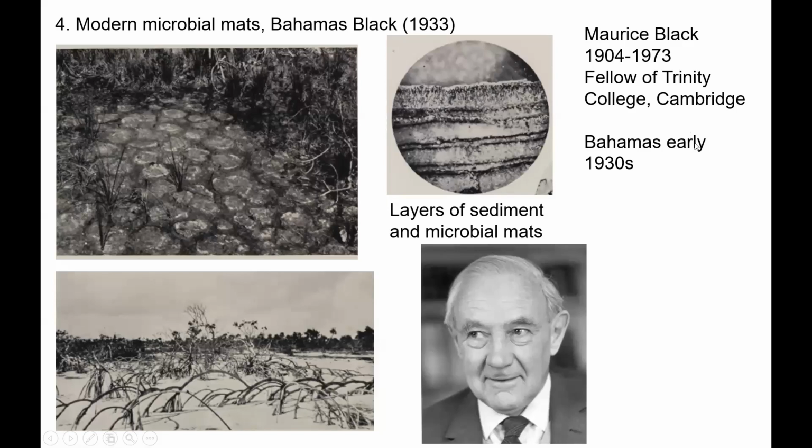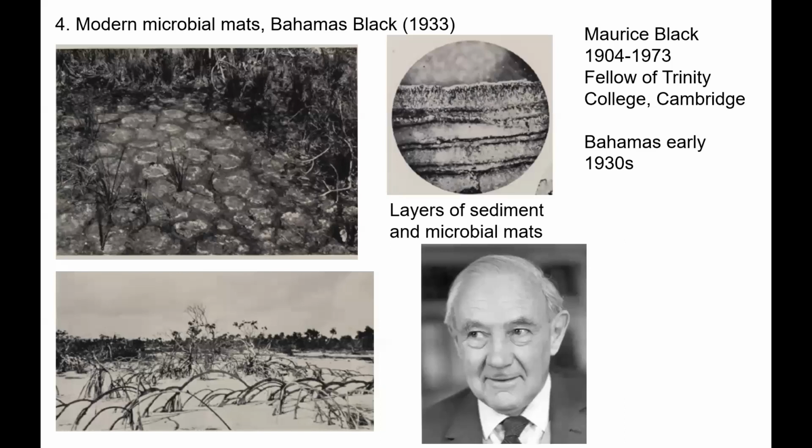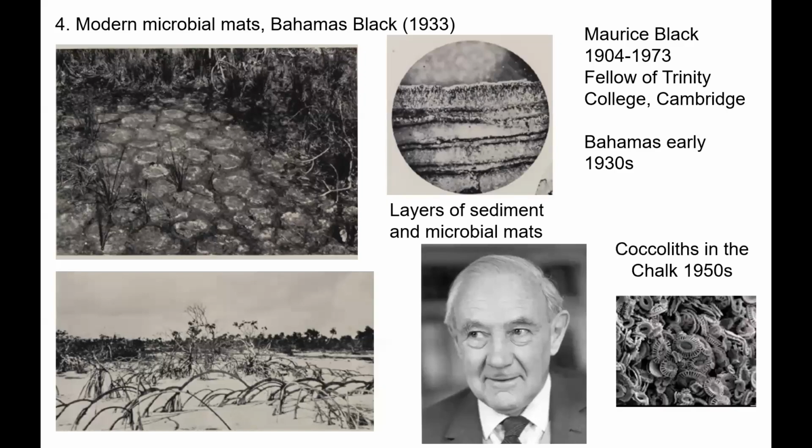This is a guy called Maurice Black, who spent most of his career in the University of Cambridge. And late in his career, he became very famous because he first photographed coccoliths in the chalk. The chalk is made of coccoliths, these tiny plant microfossils, and he had one of the very early scanning electron microscopes in Cambridge and first described them.